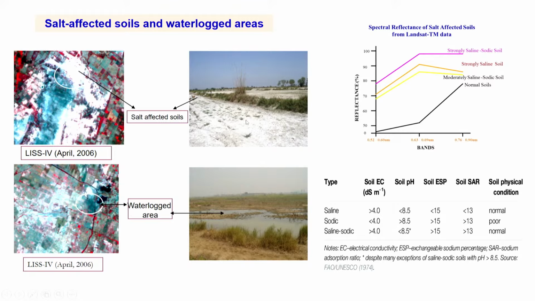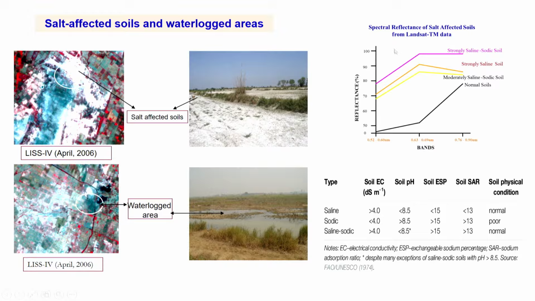At the same places where salt affected soils are there, you will also get waterlogged areas. You get water on the surface, and that will appear in a bluish tone. So these are the waterlogged areas. So we can easily map the salt affected and waterlogged areas using satellite remote sensing data.